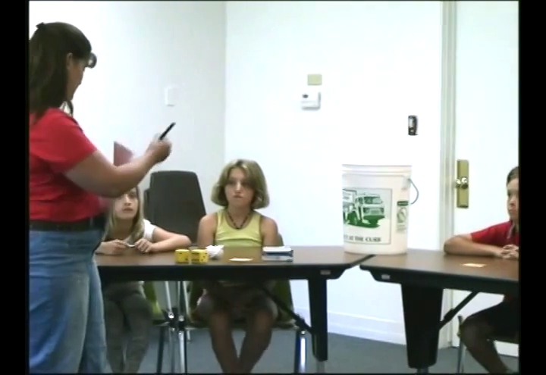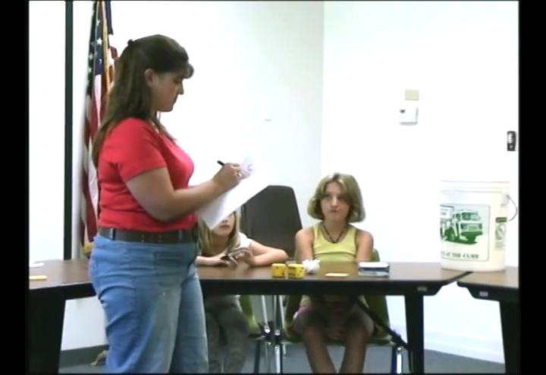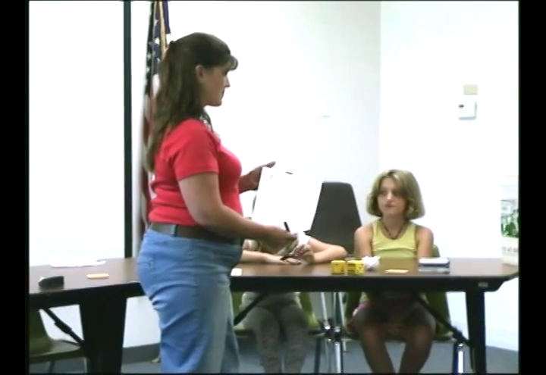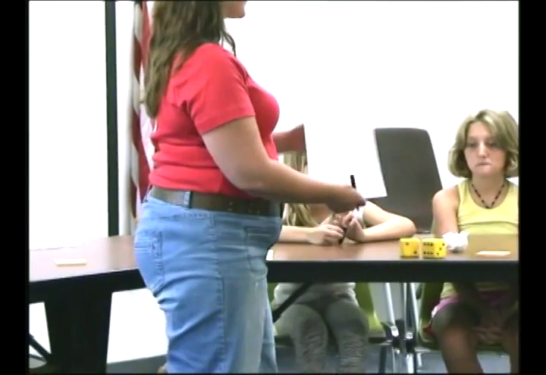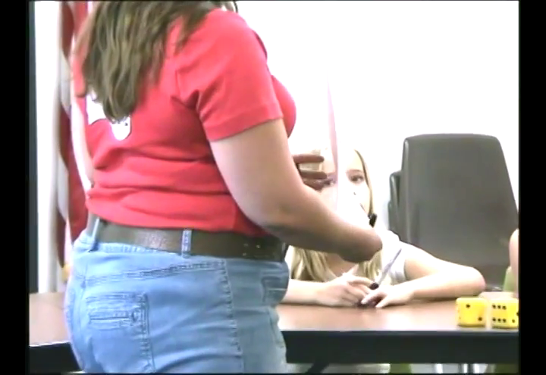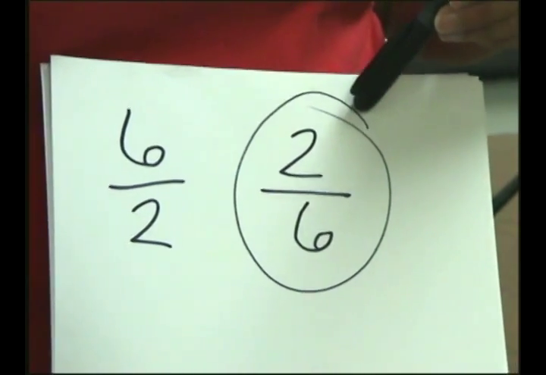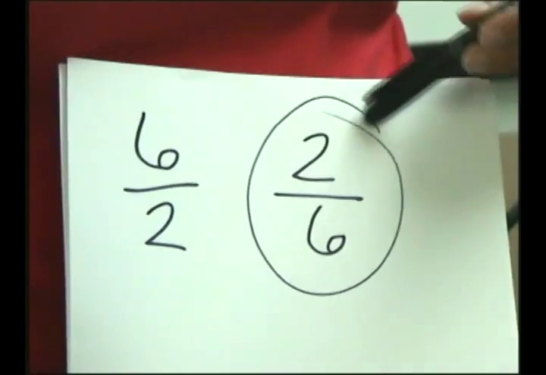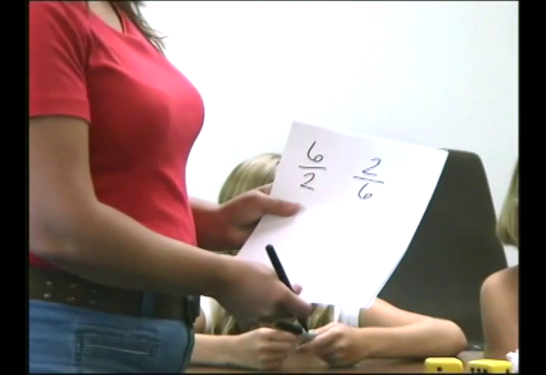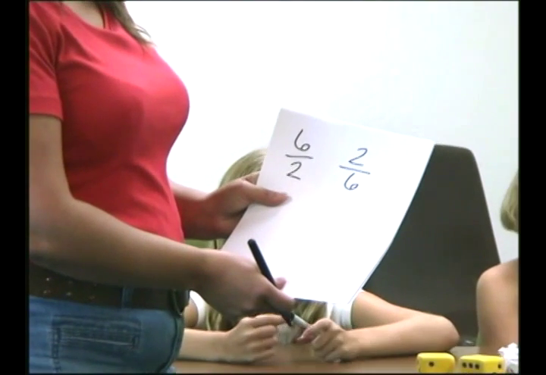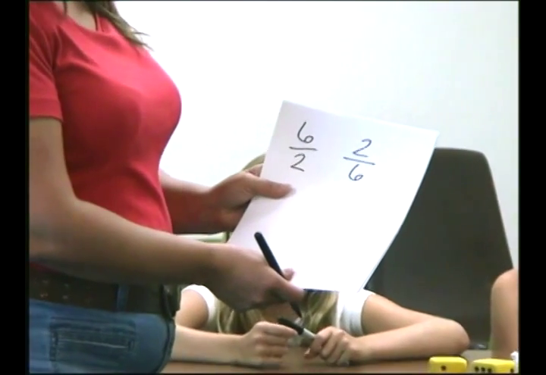So while I'm writing this, can you think, is there a different fraction I can make with the 6 and a 2? Can I flip it? Instead of saying 6 over 2, I could have 2 over 6. Yeah, 2 over 6. And as you know, there are many different ways we can write these still, in that we can reduce them.